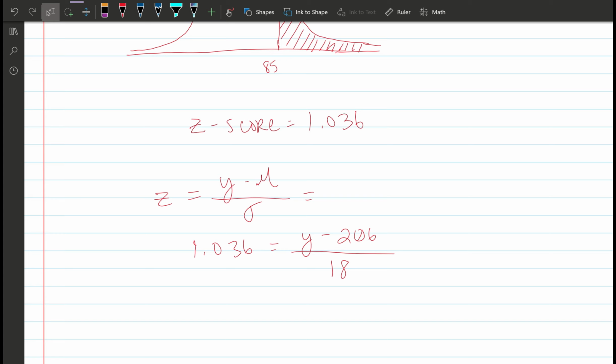We multiply both sides by 18, which gets rid of the fraction for us, and then solve for y. Solving for y gets us y is equal to 225. So 225 milligrams per deciliter. The highest 15% of adults' cholesterol levels are above 225 milligrams per deciliter.